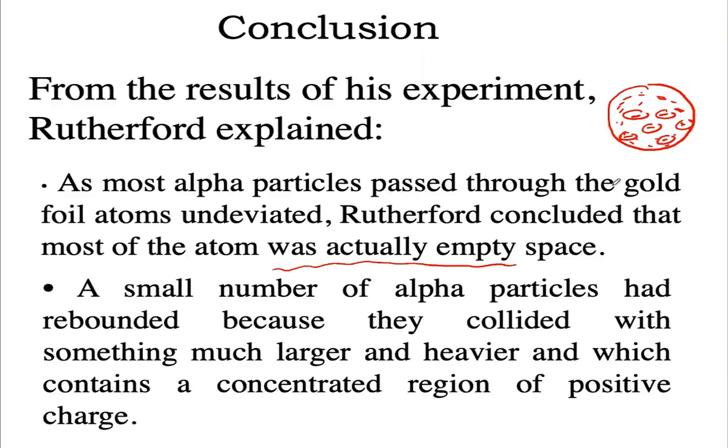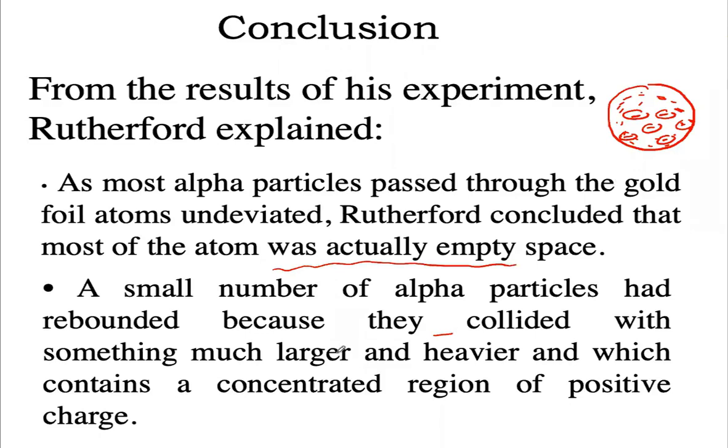A small number of alpha particles have been rebounded. Why do they get rebounded? Because they collide with the gold atoms. They have been retraced because they are interacting with a much larger, heavier object, which contains a concentrated region of positive charge.